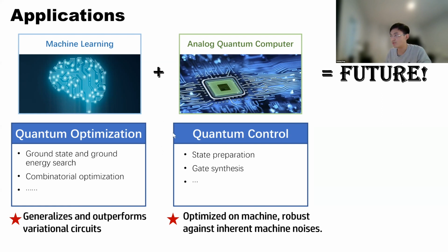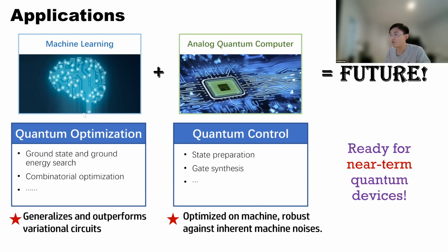For quantum control problems, we can also use this framework to build policies that perform better compared to handcrafted policies on real machines. For problems like state preparation and gate synthesis, since we optimize all these policies on the real machine, they naturally have robustness against the inherent machine noises. And all these algorithms are ready for near-term quantum devices.